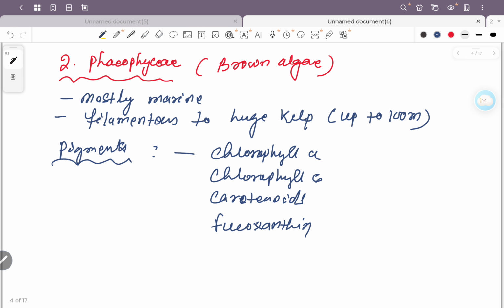So the brown color is because of this fucoxanthin. This is very important, children. So the brown color is due to this fucoxanthin. Okay, that's why they are known as brown algae.